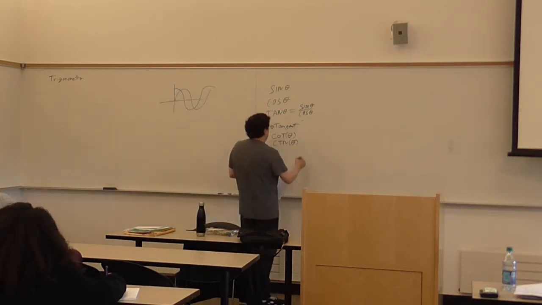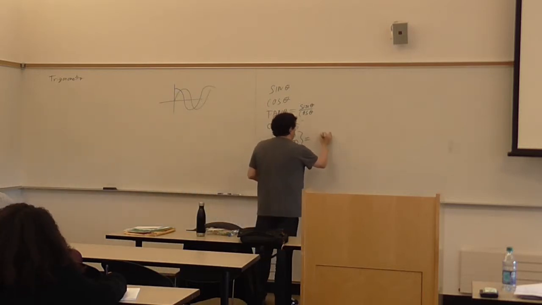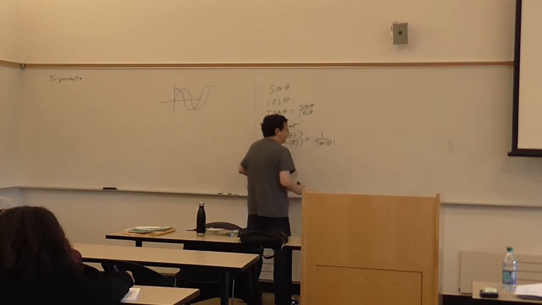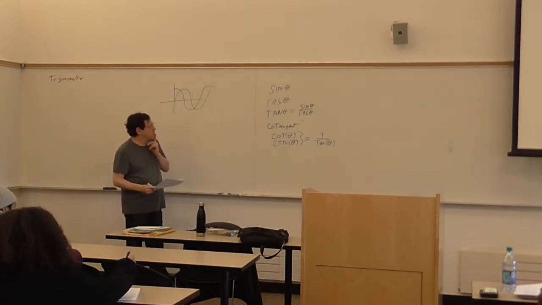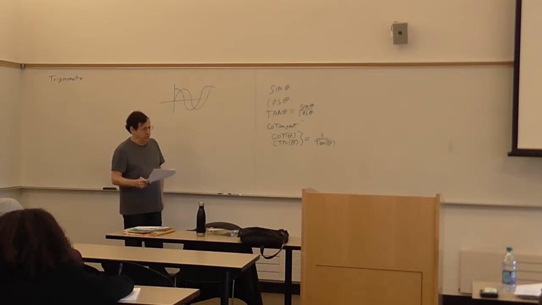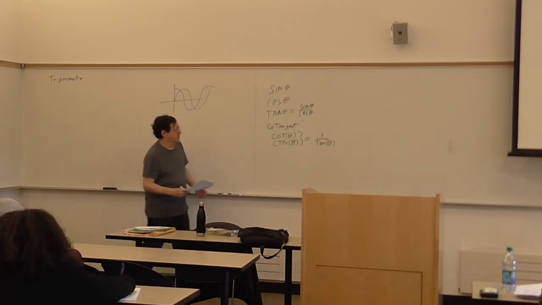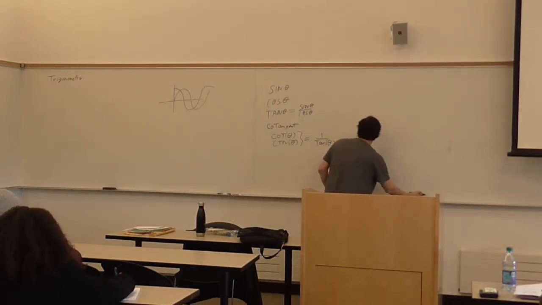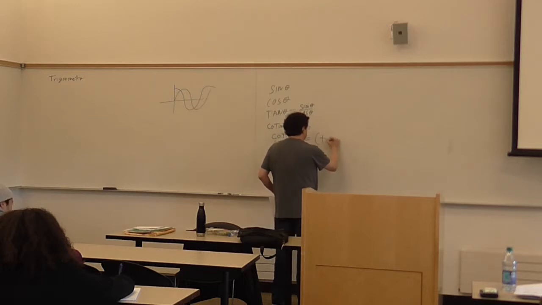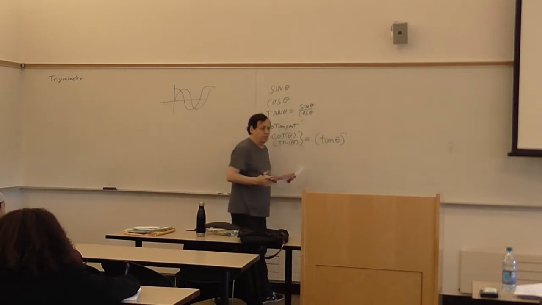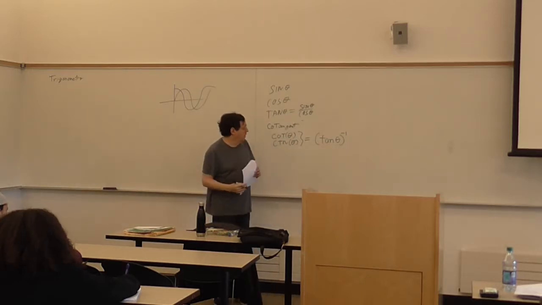And these are defined as 1 over the tangent. They're just its reciprocal. Is that like the inverse of the tangent? Cotangent? It's not the inverse, it's the reciprocal. Let's be very careful here. I could write this way, to the -1, that would be reciprocal.